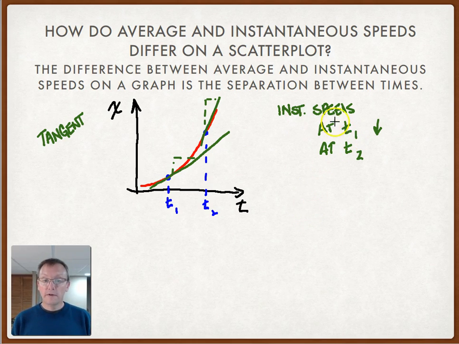Okay, now that's for instantaneous speeds. Well, what happens if you want to actually try to find an average speed, though? So an average speed is a little bit different. Remember, that's between a large separation of time. And so in this case, we would not find the average speed at t sub 1 or the average speed at t sub 2, but rather, oops, I forgot to draw my arrow here. Sorry about that. This one's higher.